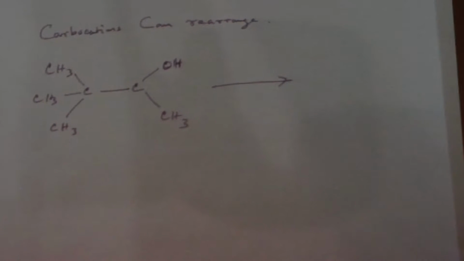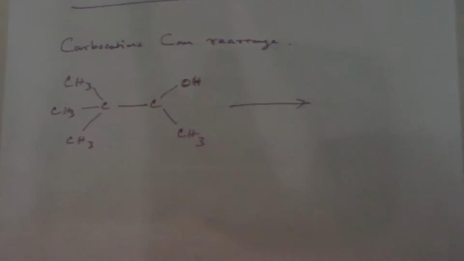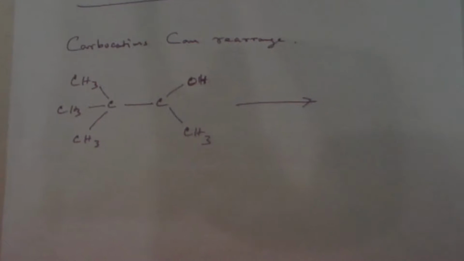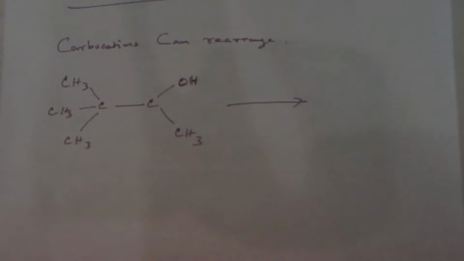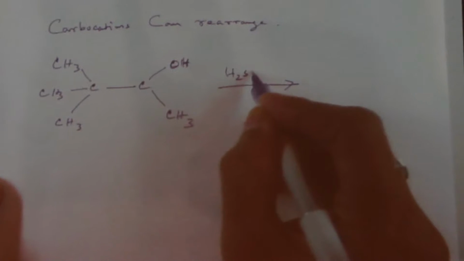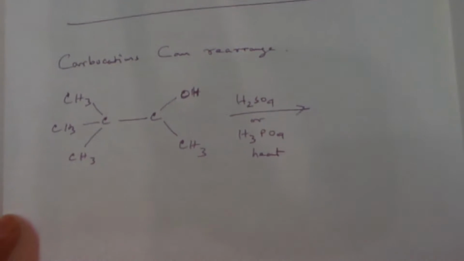So you're starting with an alcohol, which is a secondary alcohol, and let's say you treat it with a strong acid. And the strong acid could be sulfuric acid, it could be phosphoric acid. So either H2SO4 or H3PO4 and heat. All right.